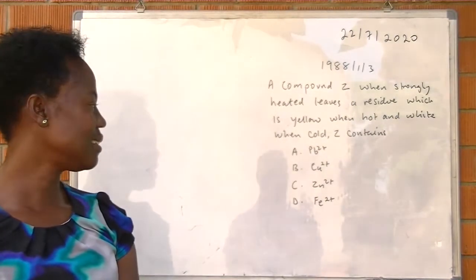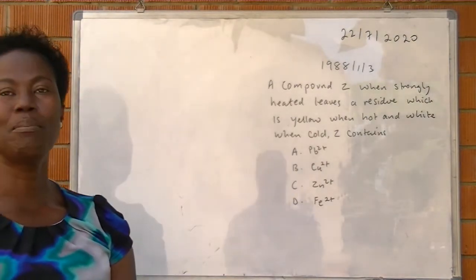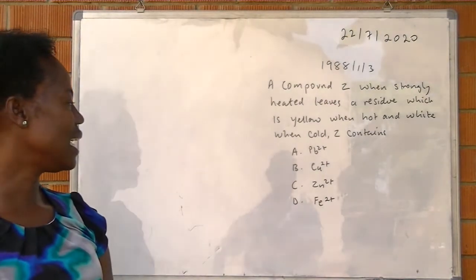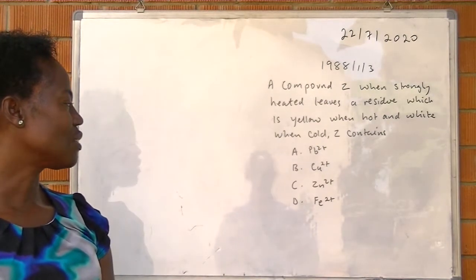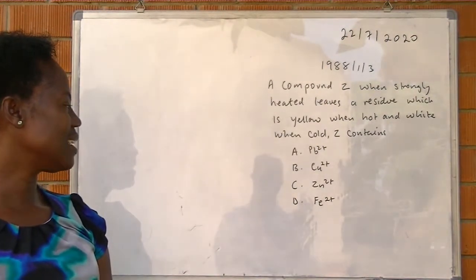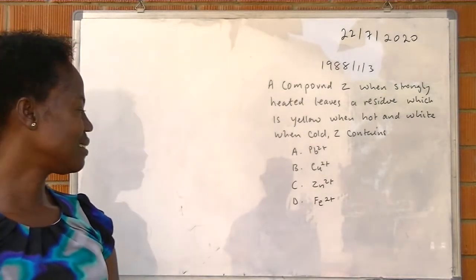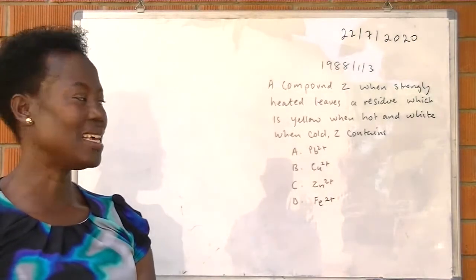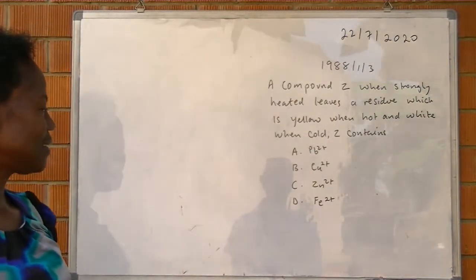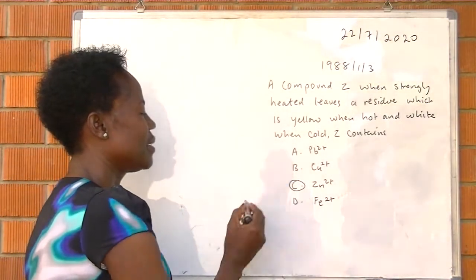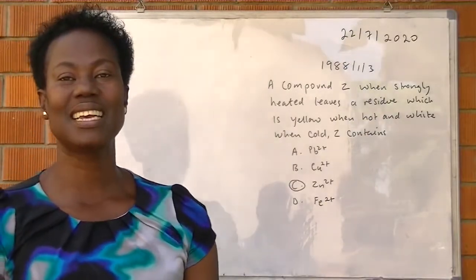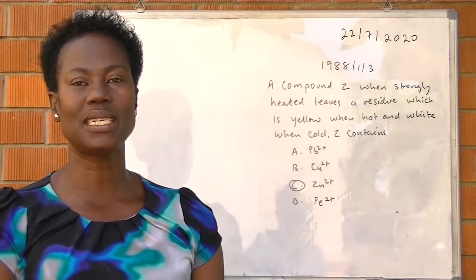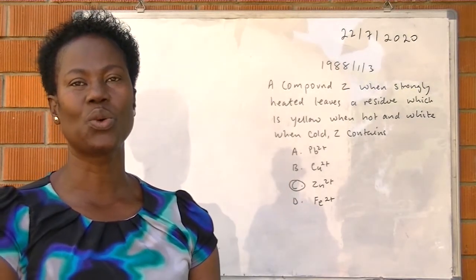Z contains, and we are now given the metals in form of ions: A, lead ions; B, copper 2 ions; C, zinc ions; D, iron 2 ions. The answer is C, zinc ions, because zinc oxide is yellow when hot and white on cooling.